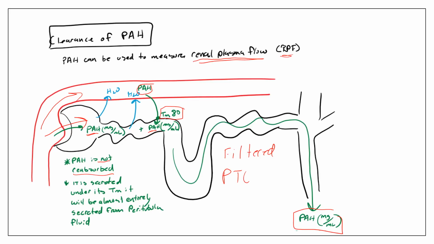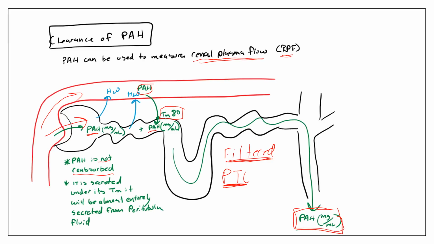So I'm going to completely remove it from the filtered volume because it doesn't get reabsorbed. And the peritubular capillary, I'm going to remove it from the peritubular capillaries by secreting it in, and as long as it's underneath that transport maximum, I can transport all of it into the nephron and completely remove it from the peritubular capillaries. And it'll all end up in the urine.